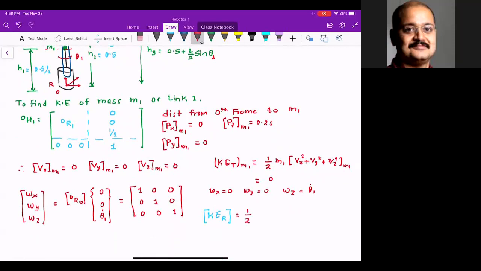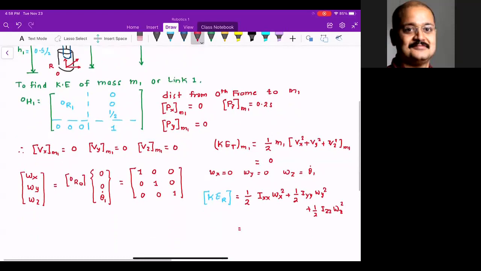So the expression is going to be 1/2 Ixx omega x square. This is the standard equation. 1/2 Iyy omega y square plus 1/2 Izz omega z square. Now, what I'm going to do is, since omega x is 0, can I say this guy is 0? Since omega y is 0, can I say this guy is 0? So now I'm left with finding out what is Izz.